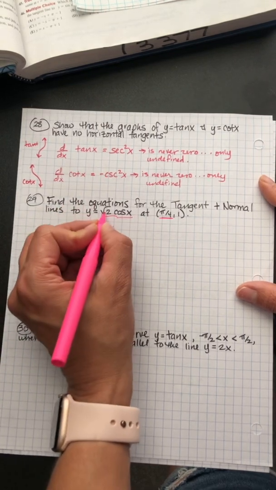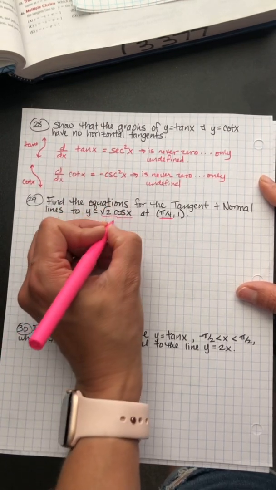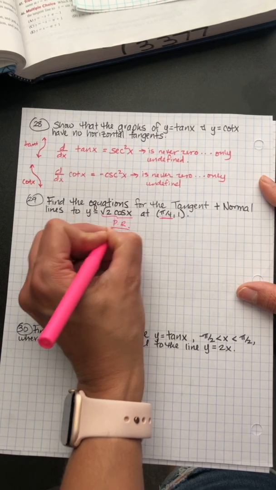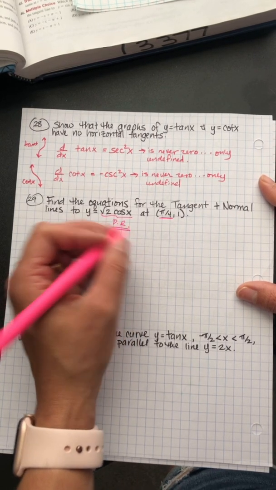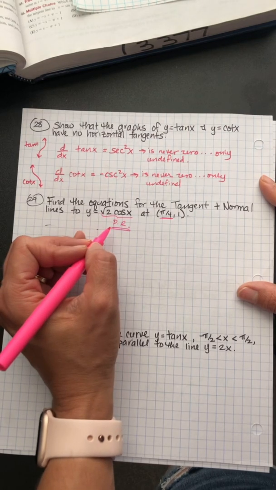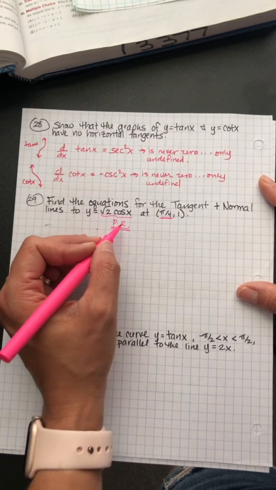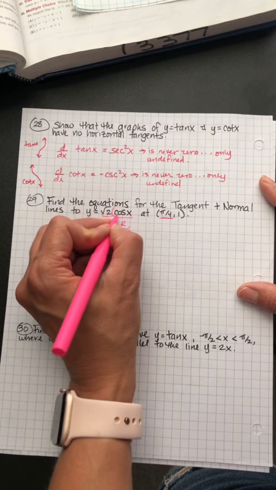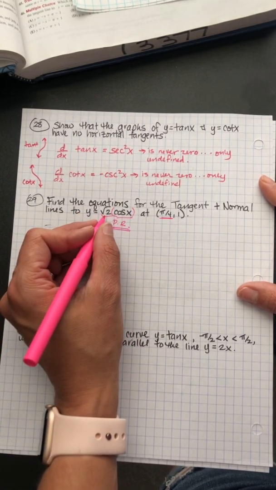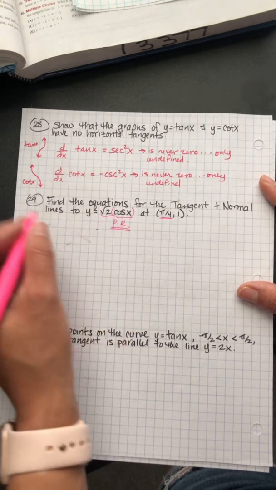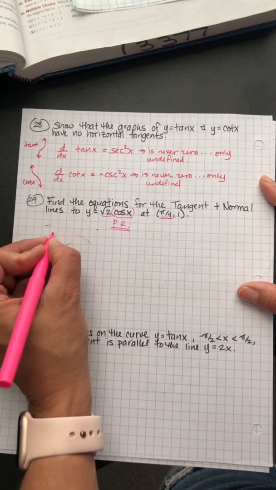All right, so let's do this. I have two quantities, square root of 2 times cosine of x, so I'm going to need to use good old power rule, or product rule. But the square root of 2, though, is a constant, so I technically don't even need to do that. I could just find the derivative of cosine. If you try to do power rule, you should still get the right answer, though, but it's going to be quicker to do it this way.